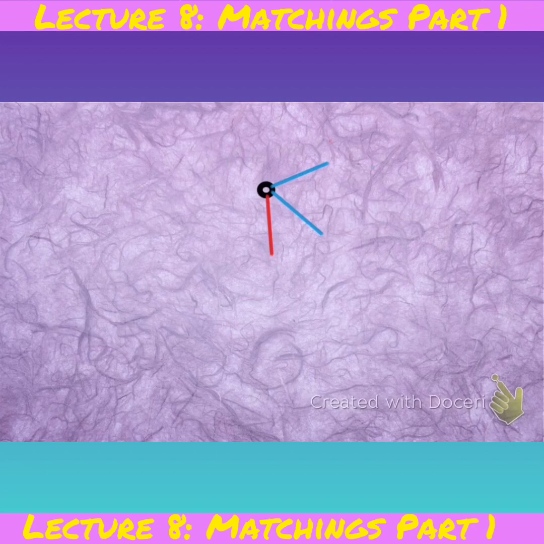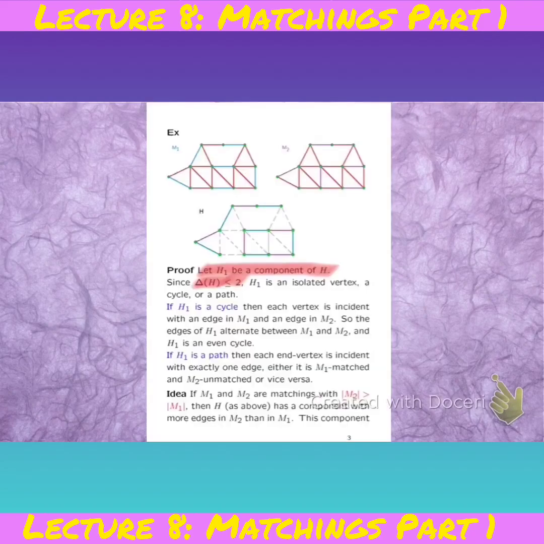So it's either M1 matched exactly once, or M2 matched exactly once, or both M1 and M2 matched exactly once. So the maximum degree of this graph cannot exceed 2.